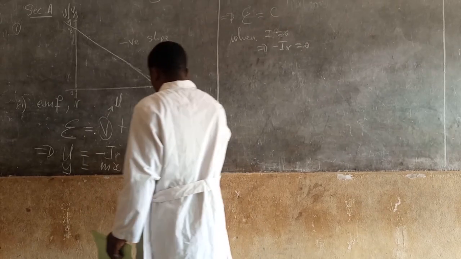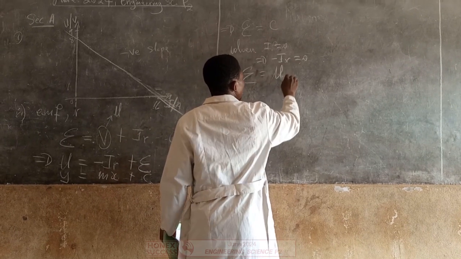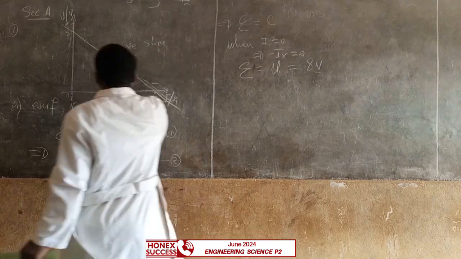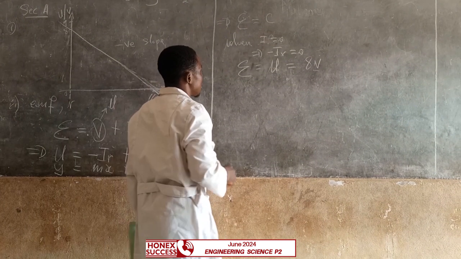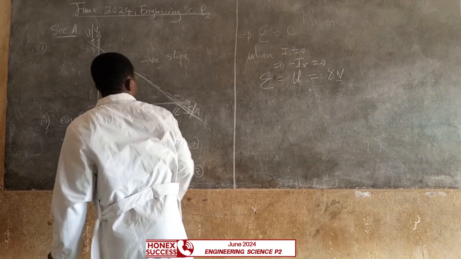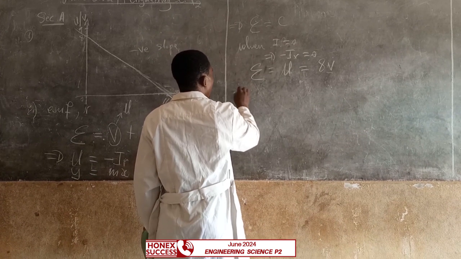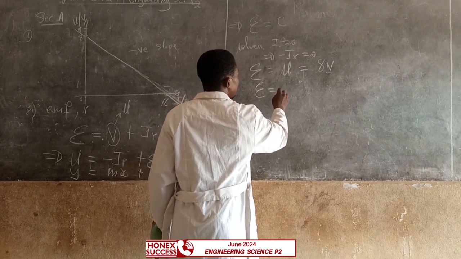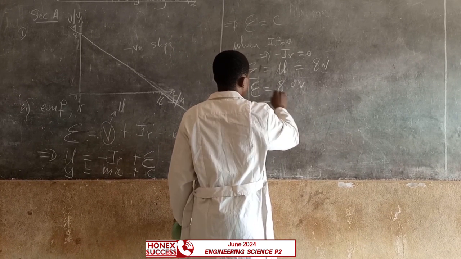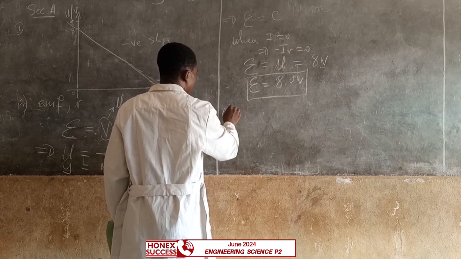Now the EMF will be equal to the terminal voltage, which is 8 volts, where the graph cuts the terminal voltage axis. So the EMF will be equal to 8.0 volts. That is already gotten.